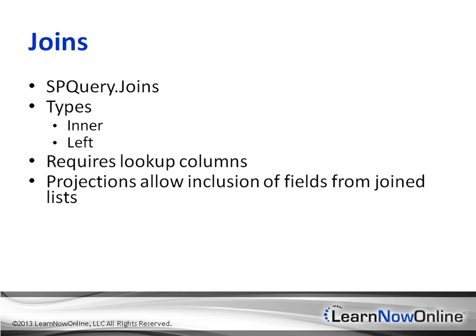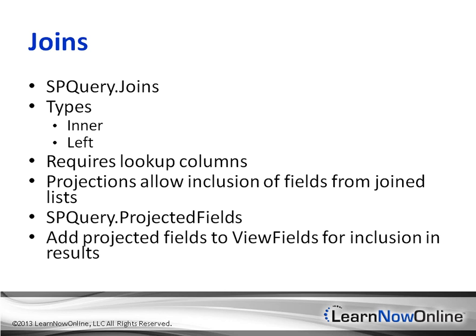And with projections, what that means is once we do the join, instead of just specifying the view fields, we can do projections to say what fields we want to show up from the joined list. That's designated by the ProjectedFields property of the SPQuery object. And then we can add those projected fields to the ViewFields property for inclusion in the results.